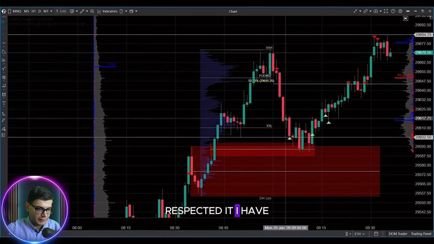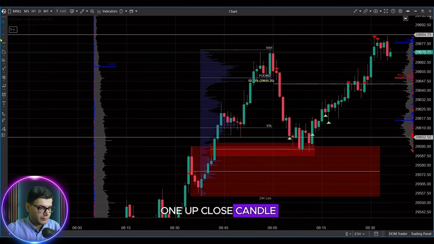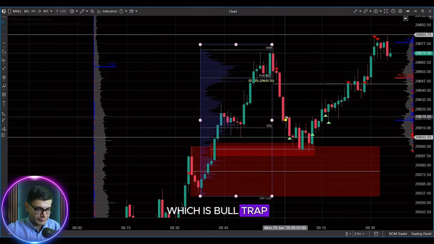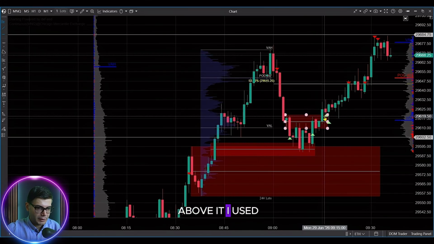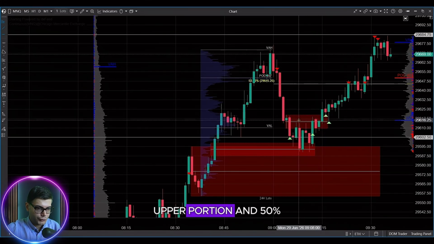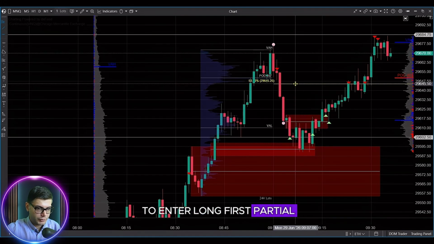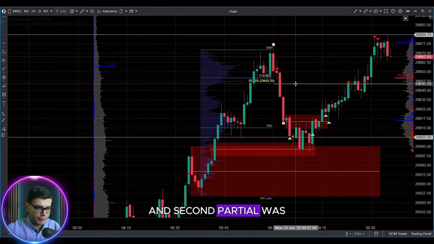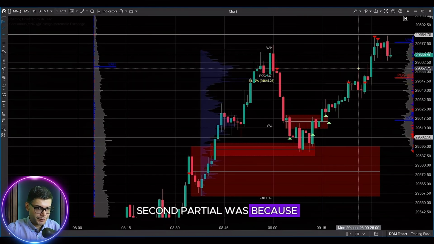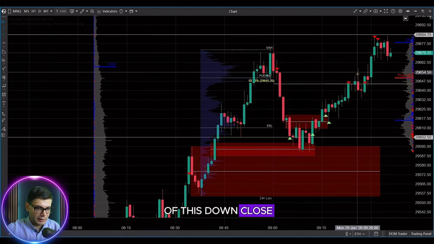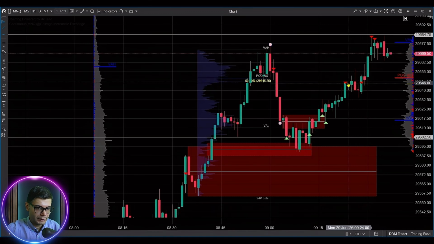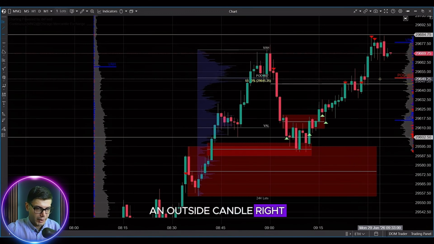Respected it. I have one up close candle, which is a bull trap. NASDAQ closed above it. I used the upper portion and 50% to enter long. First partial and second partial were at 50%. Second partial was because of this down close candle, which is also an outside candle right at the point of control of the day.